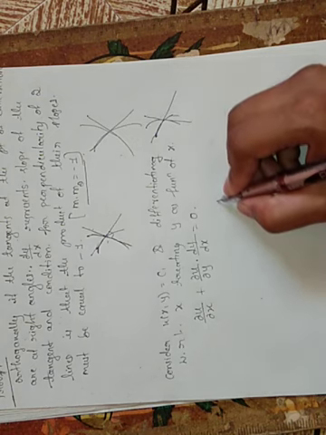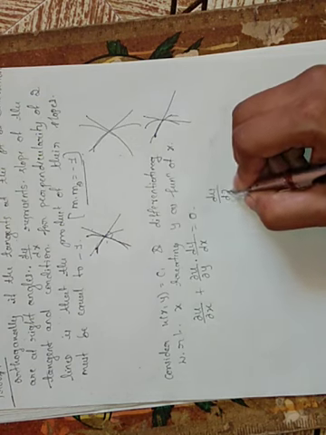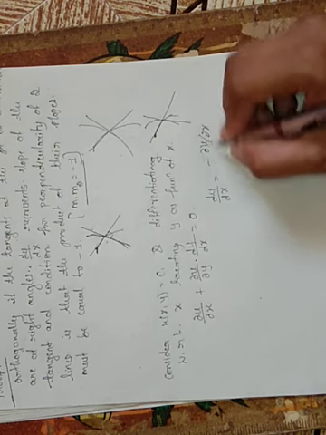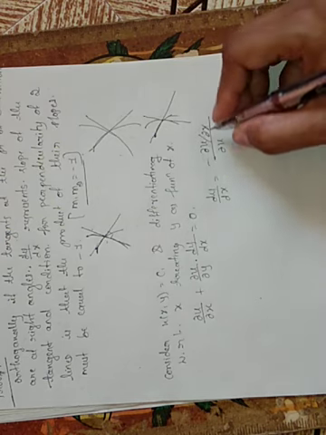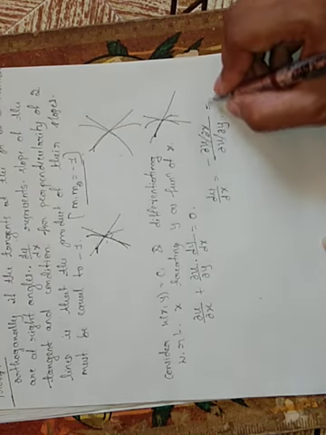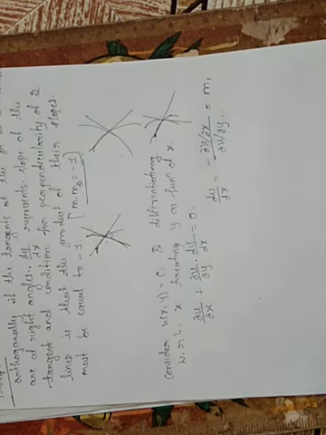Or else you can write dy by dx equal to minus dou u by dou x divided by dou u by dou y. That is your slope 1, that is you can call m1.